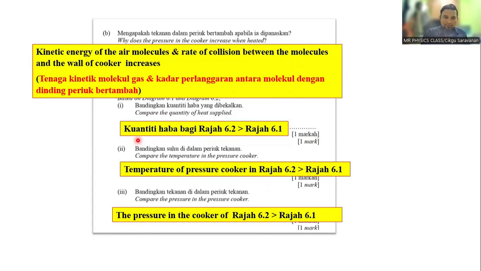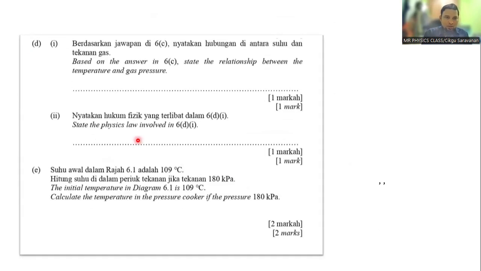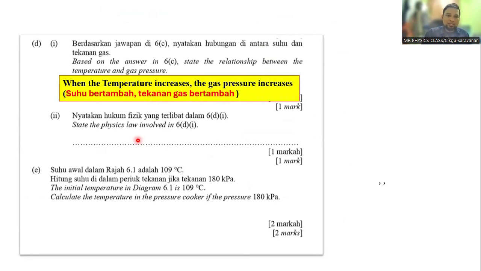Alright, next. Based on the answer just now, what is the relationship between the temperature and the gas pressure? So obviously kita dah tahu semakin tinggi suhunya, semakin tinggilah tekanan. Okay, when the temperature increases, the gas pressure increases. Jangan pakai berkadaran terus.